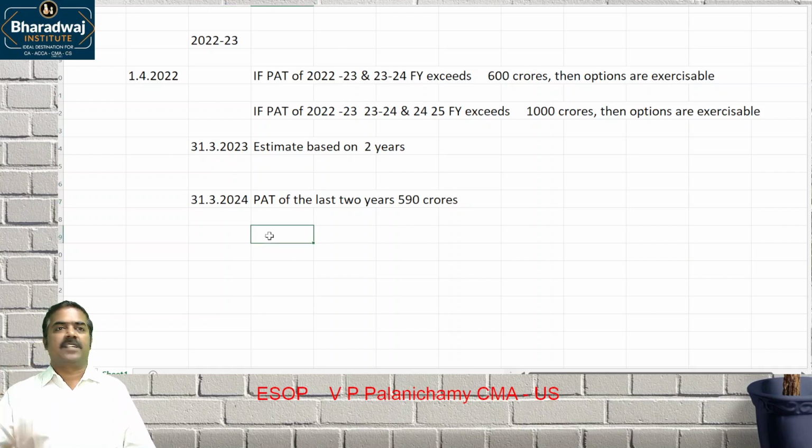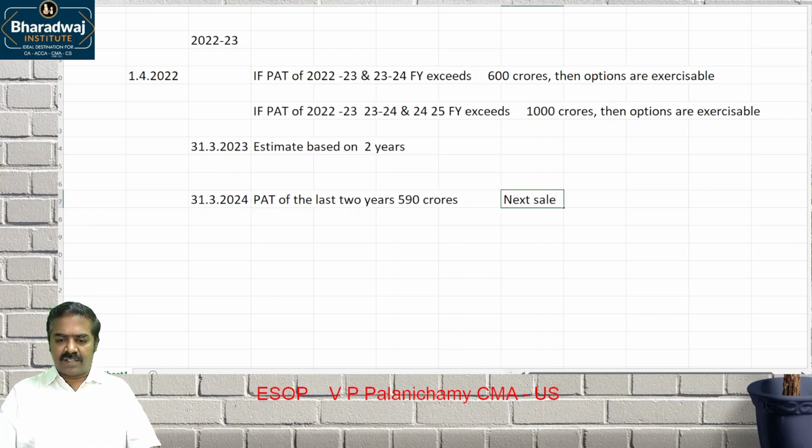Will options be exercisable now? Now the vesting period will get extended to 3 years. Initially you thought 2 years, but subsequently it is extended to 3 years. And we are estimating that next year's profit is going to be around 600 crores.